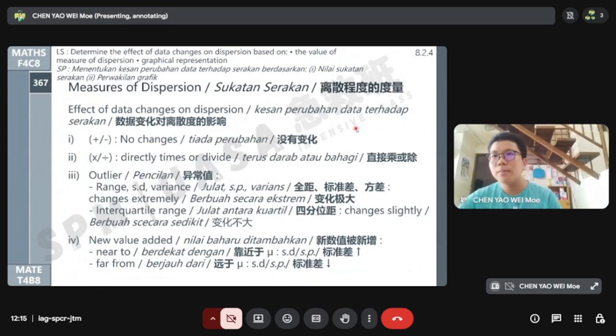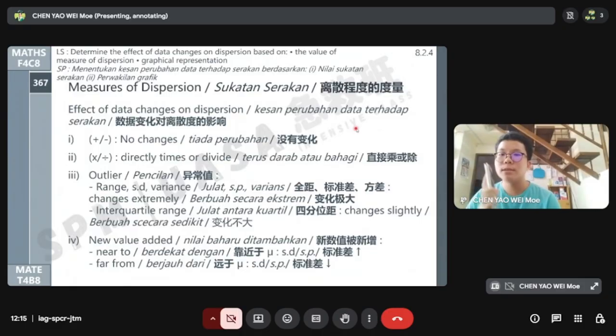Range, variance, SD, anything does not change. You can try it, because everything is just plus 2. Minus 2 is also the same thing. So plus or minus on the data does not change anything.